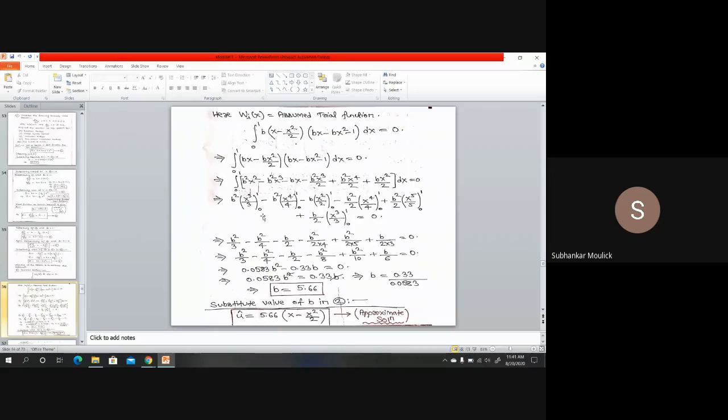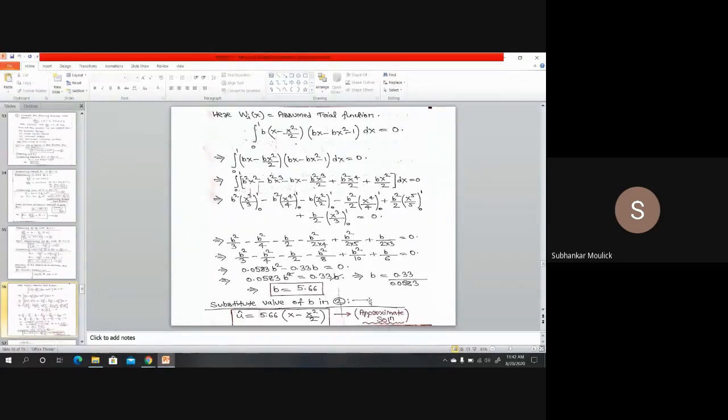Simple calculation, algebra. Just integrate this entire expression after multiplication by substituting proper limits. After solving this integral equation and putting the proper limits, you will get the value of b to be 5.66.